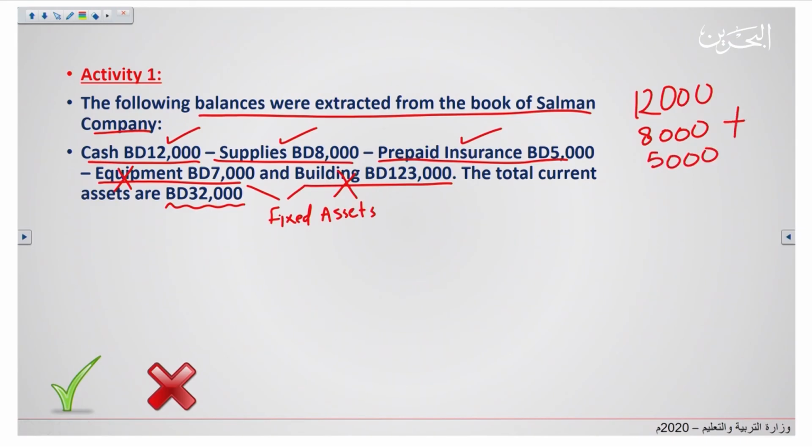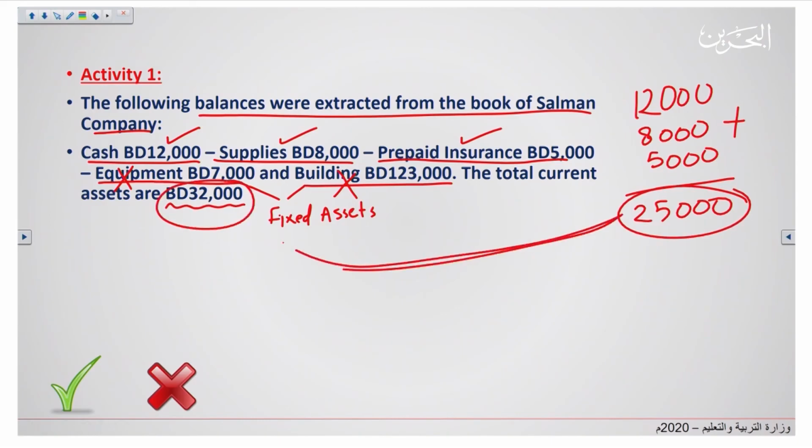I will add these to get the total of 25,000 BD. Now, if I compare my answer to the answer in this statement, it is definitely not the same, which means this statement is wrong. The answer is 25,000 BD.